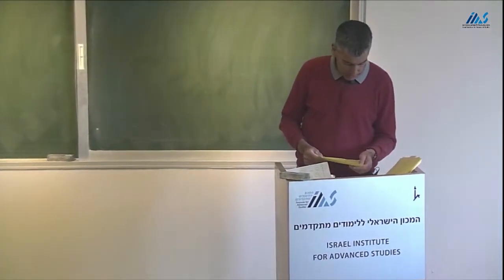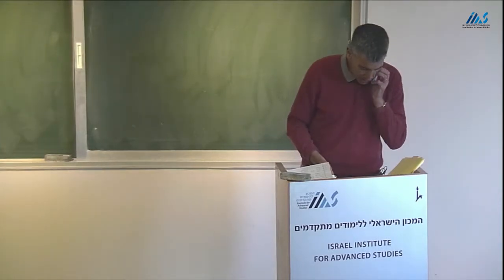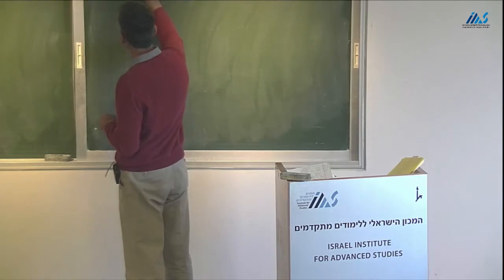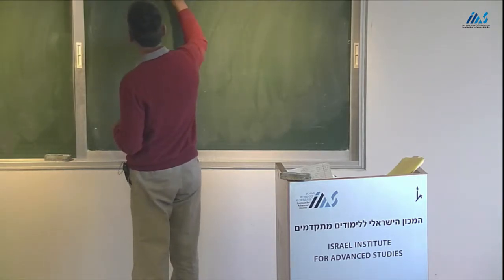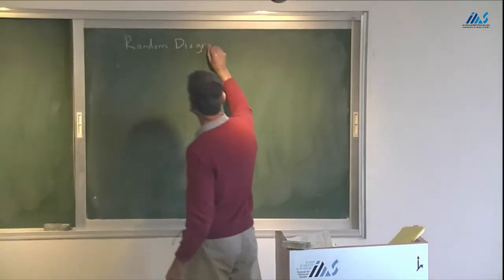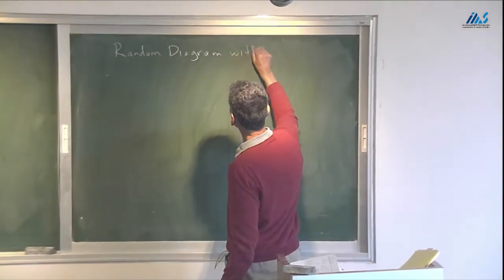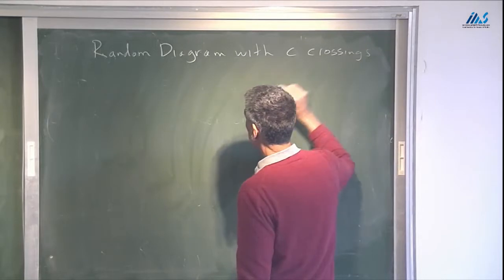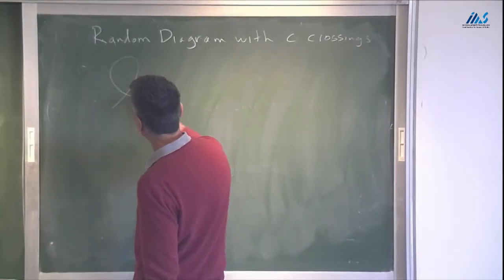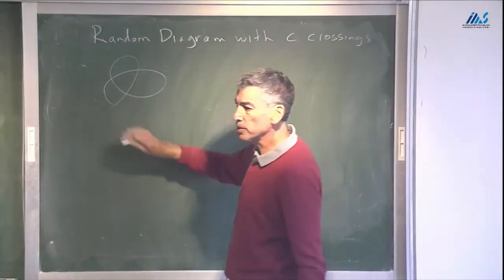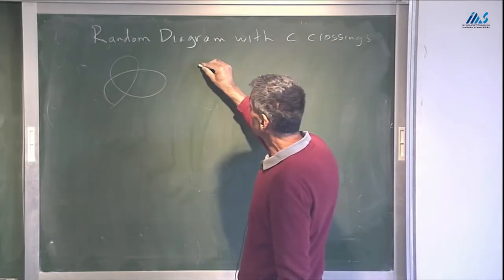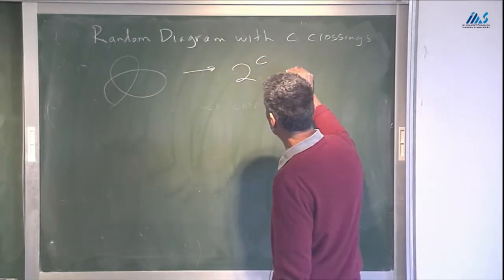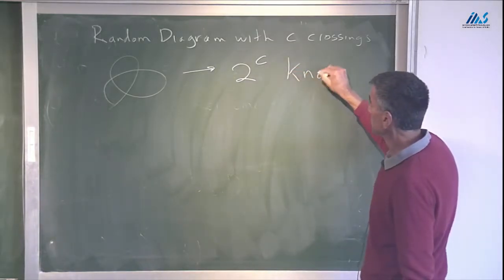So let's look at a slightly different problem. Supposing we take a random diagram with C crossings. So here's a diagram with 3 crossings. This gives 2 to the C knots.